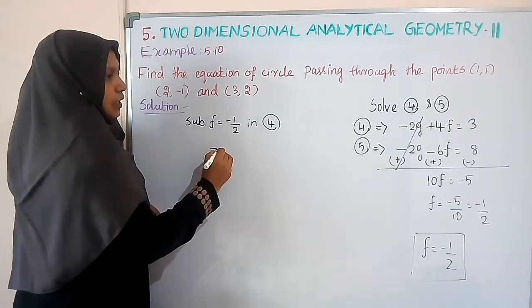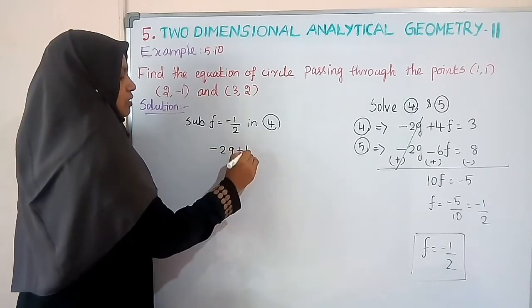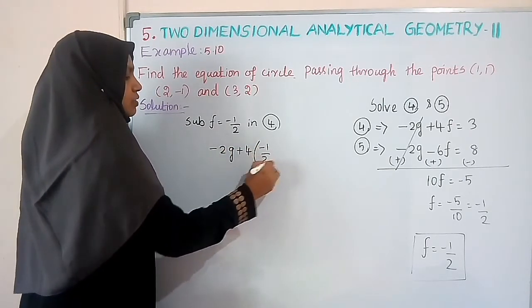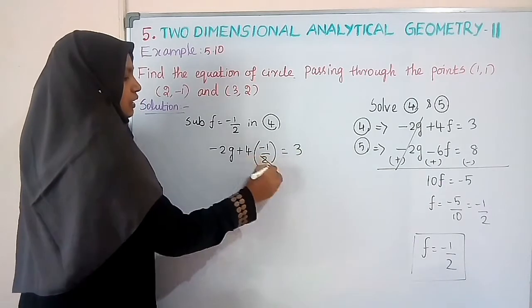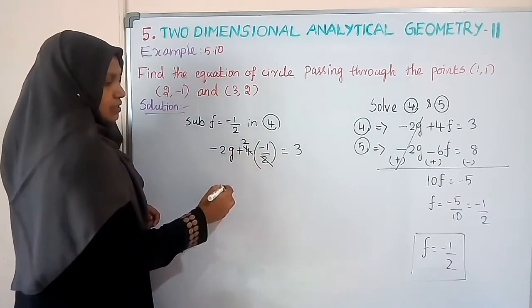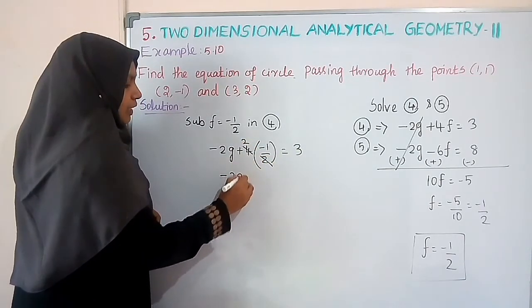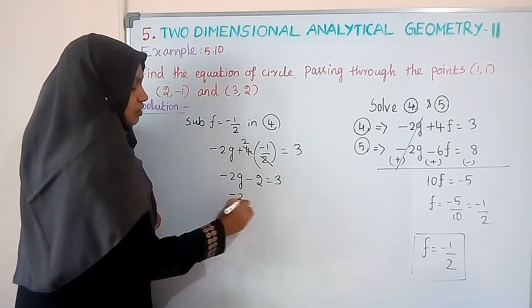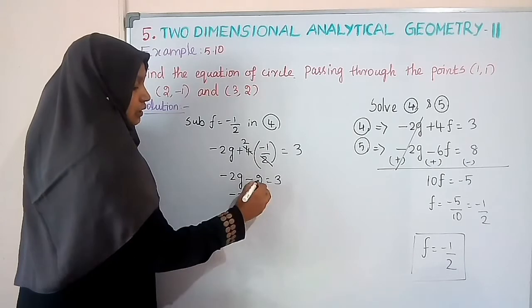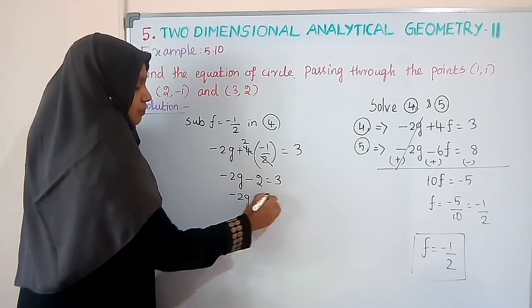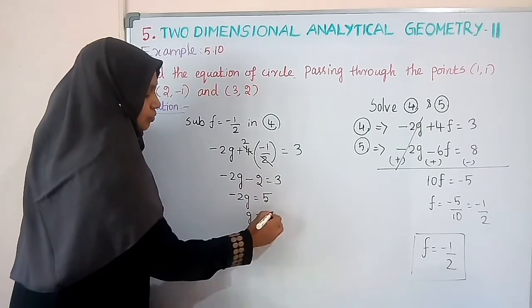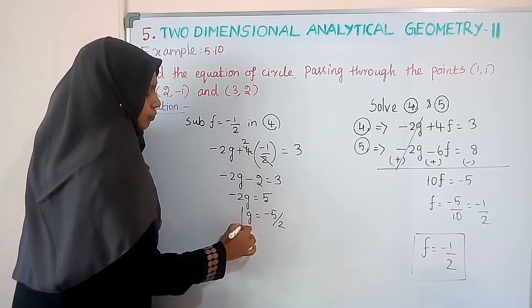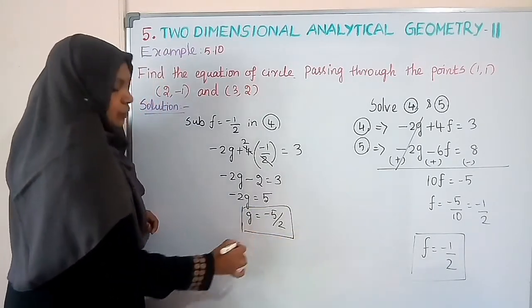It is -2g + 4f, with f = -1/2, equal to 3. So the 2 and 4 get cancelled, and we have -2g - 2 = 3. So -2g = 3 + 2, it becomes 5. So g = -5/2. So we got the g value also.